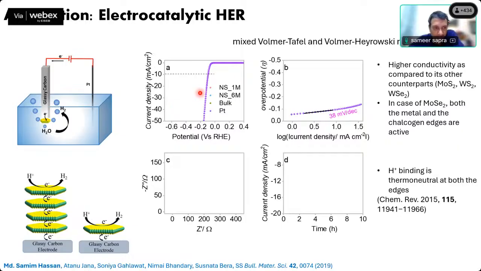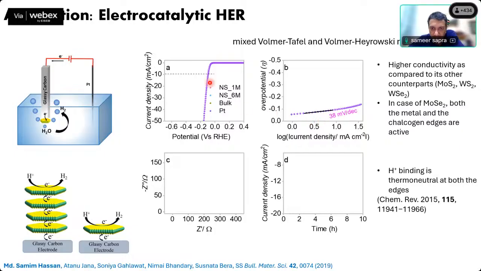So it requires up to about 0.1 volts, 100 millivolts or something. That is where the current starts coming down. People always report the current density of minus 10 milliamperes per square centimeter. They will report the overpotential at that. So that's for platinum.